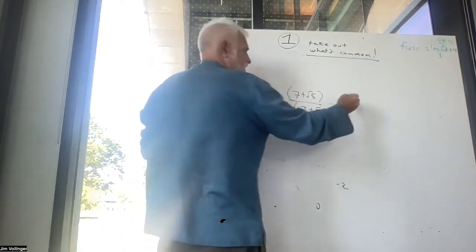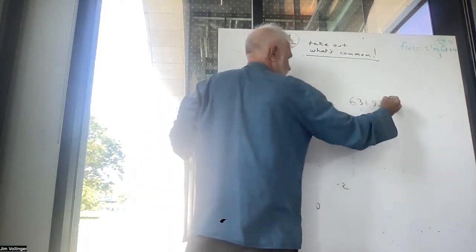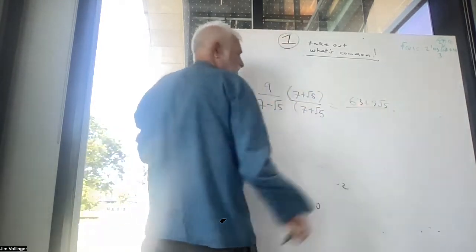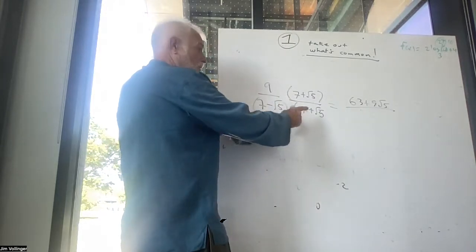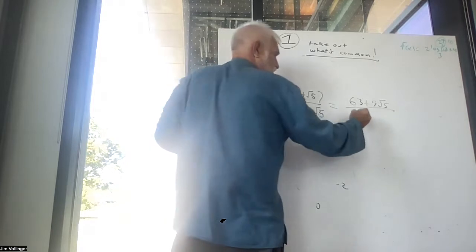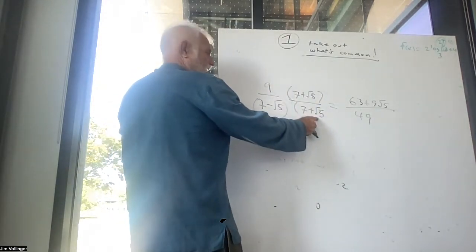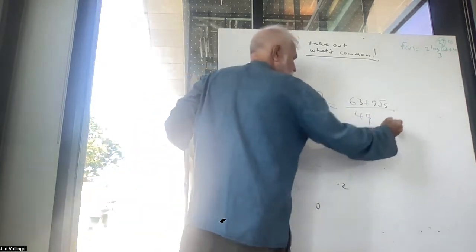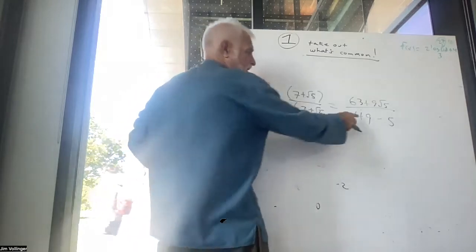So 9 times 7, 63. 9 times √5, 9√5. I don't know how to simplify that. But this is the plus-minus form, so no middle term. 7 times 7, 49. By definition, √5 times √5 is 5. And a positive and a negative make a negative. And so that becomes 44.